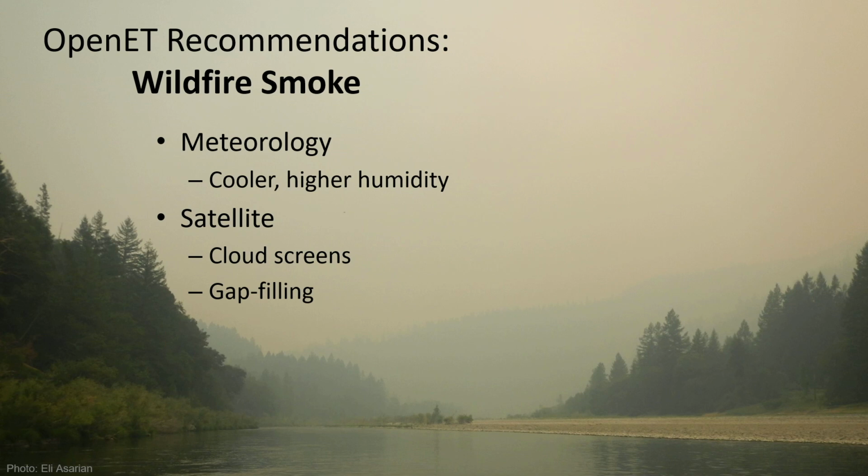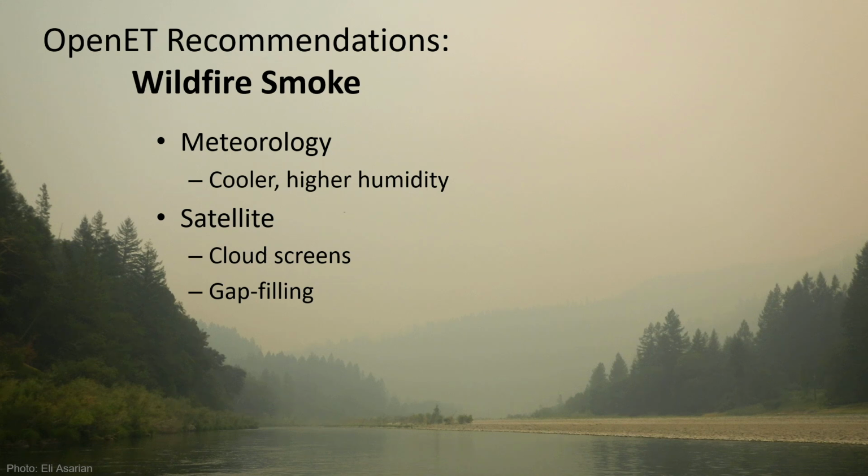I have some recommendations for the OpenET team to work on. One is, at least in our study area, and probably a lot of the West, wildfire smoke is a big deal. It has two effects on ET. One is it dampens the evaporative demand, and it also messes up the satellites. It's just like a cloud, and you get these big, long gaps where maybe for 4 weeks or a month you have no data, and it needs to be interpolated.